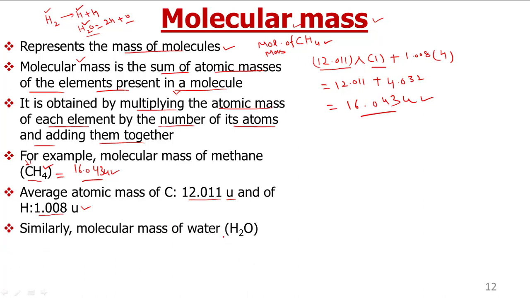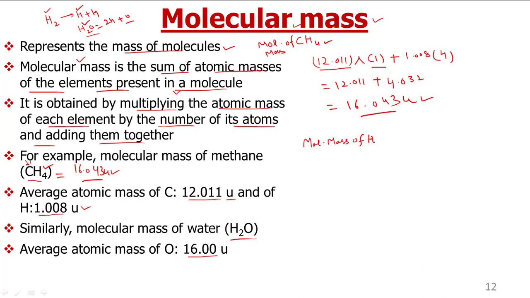Similarly, we can calculate molecular mass of water, and the average atomic mass of oxygen is 16. Now let us see molecular mass of water. It is equal to mass of hydrogen atom, which is 1.008 multiplied by number of hydrogen atoms. How many hydrogen atoms are there? 2 hydrogen atoms, plus mass of oxygen, which is 16.00 multiplied by number of oxygen atoms.